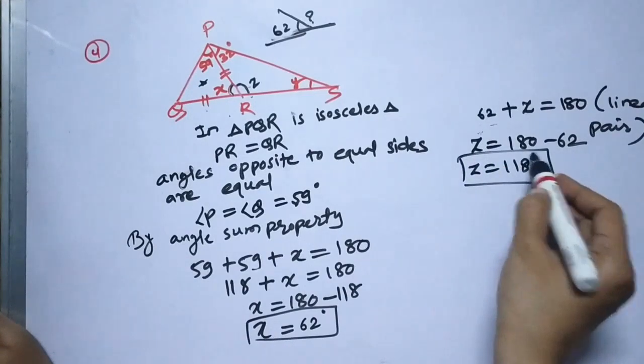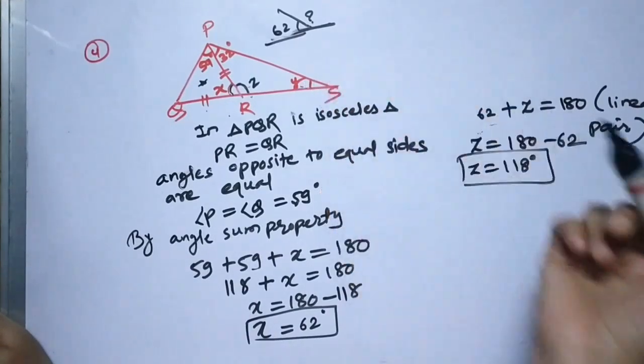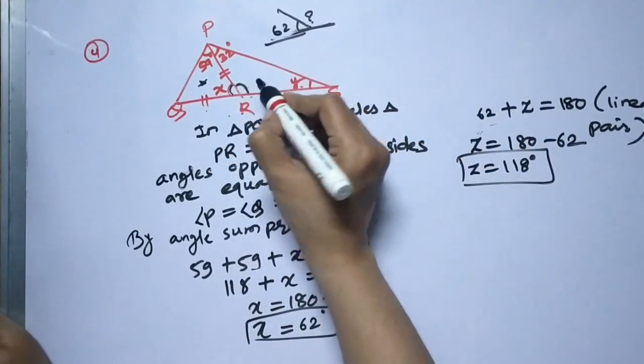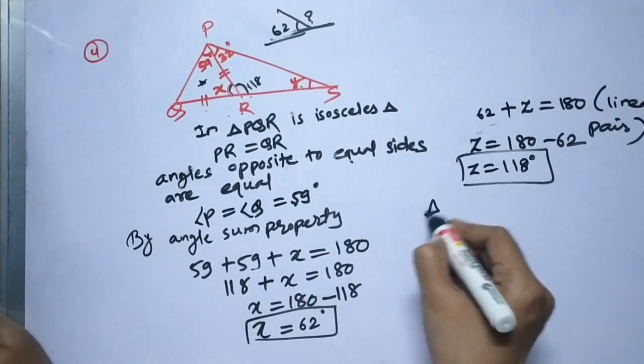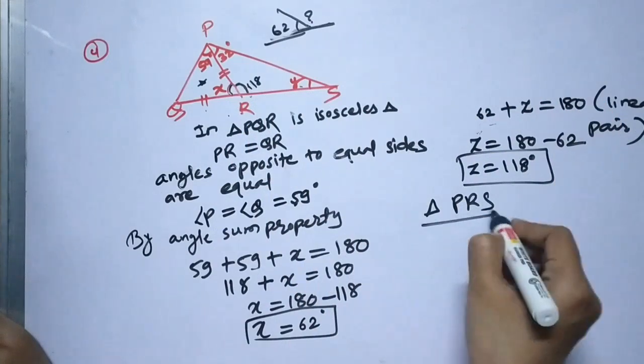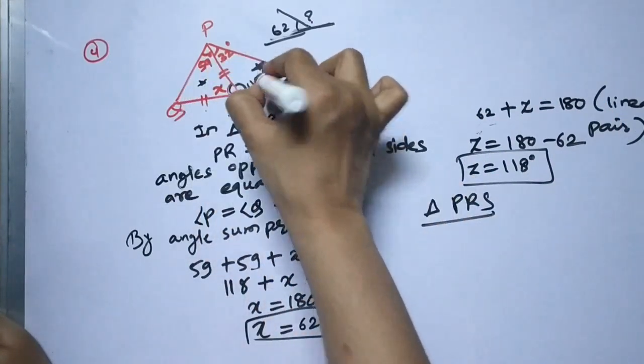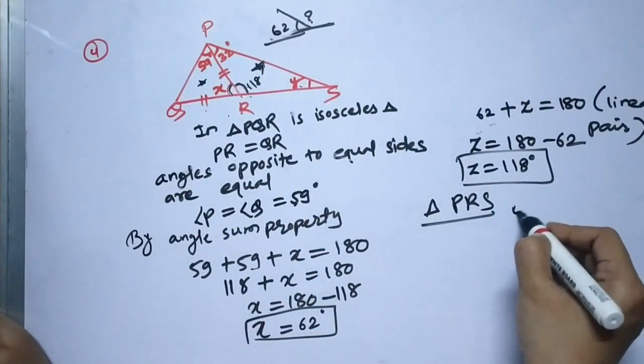degrees. So now we need to find out Y. X, Z also we got, 118. So in triangle PRS, now we will focus on this triangle using the angle sum property.